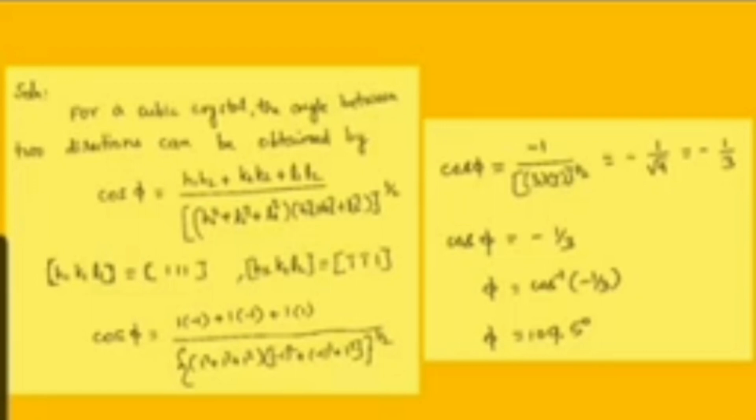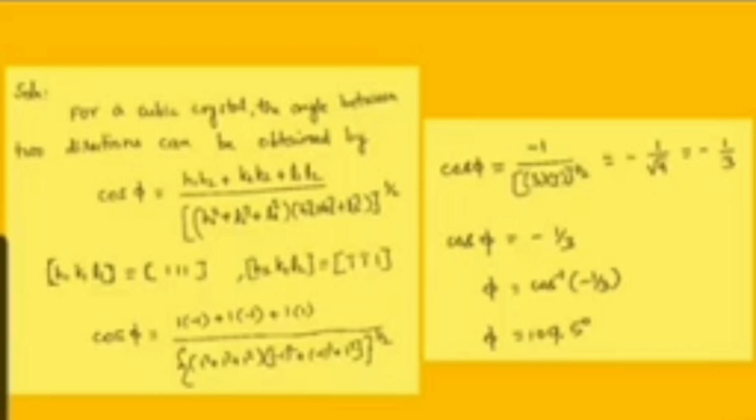In the denominator, we get the root of 3 into 3, which will be equal to minus 1 by root 9. Root 9 is 3, so therefore minus 1 by 3. So now what we got is cos phi is equal to minus 1 by 3.